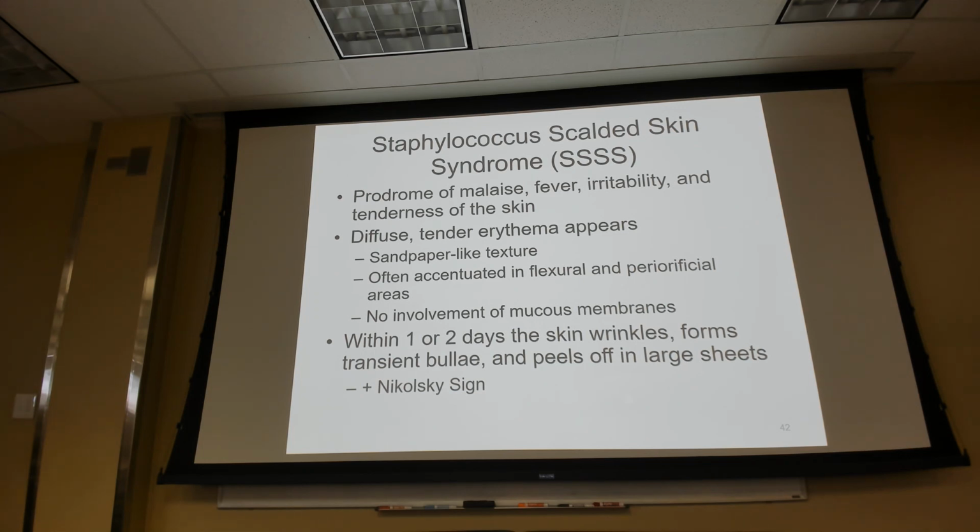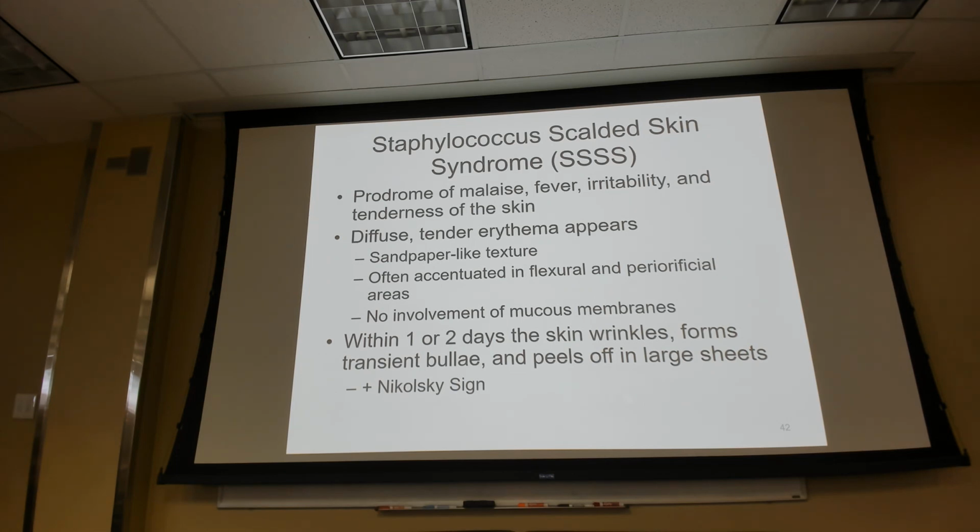Malaise, fever, irritability, tenderness. Irritability because it's a kid, right? So that's what they're going to do anyways. There's another S right here. It's a sandpaper-like texture, okay? So it's diffuse, tender redness, and if you palpate on it and feel it out, sandpaper-like texture, often accentuated in flexural areas.